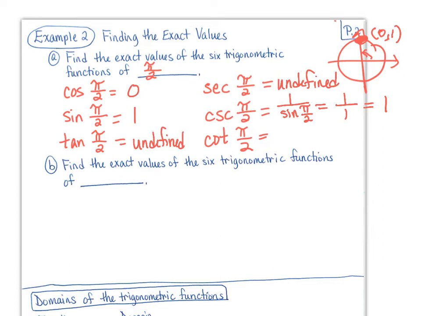I heard 1, I heard 0. 0. Good, it's 0. So remember, cotangent is cosine of pi halves divided by sine of pi halves. So that's 0 over 1, which is 0. What questions do you have?